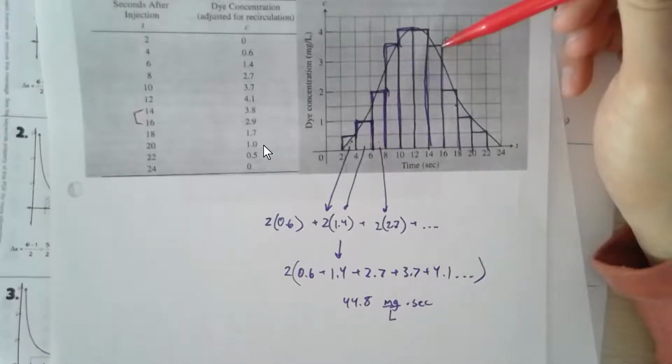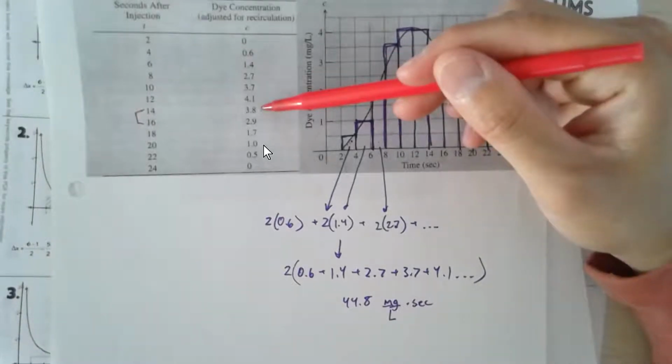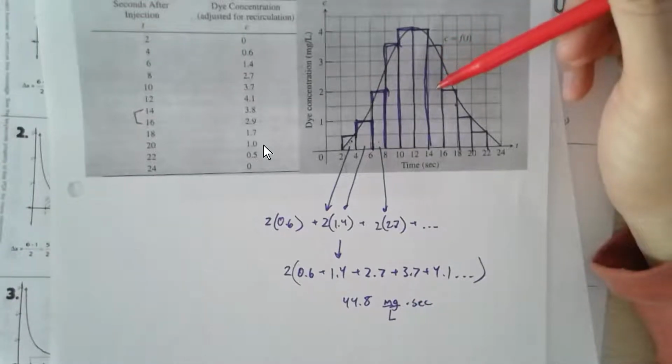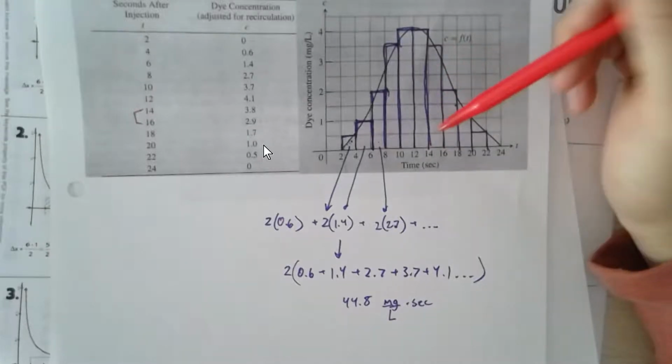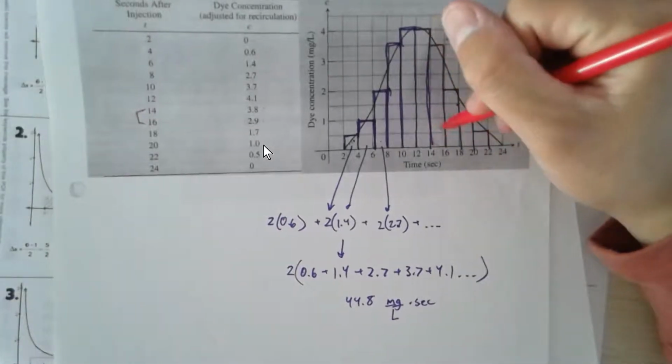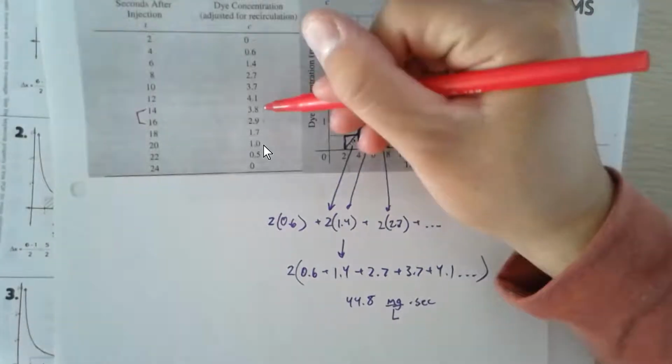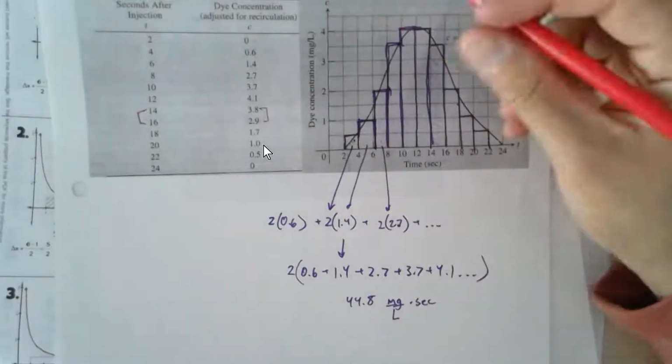Which height did I end up going with, 3.8 or 2.9, to make the height of this rectangle here? Let me shade it in really quick. This one. Yeah, I went with 3.8.